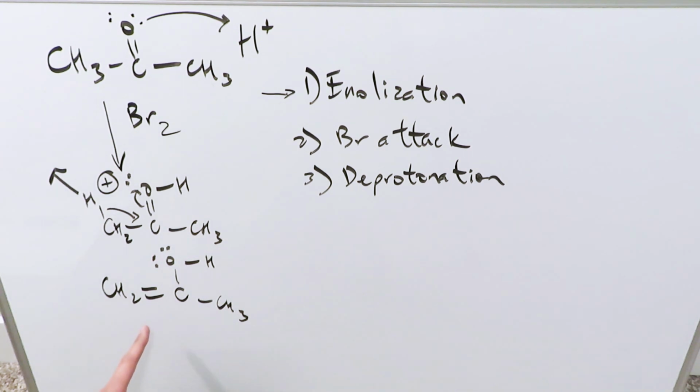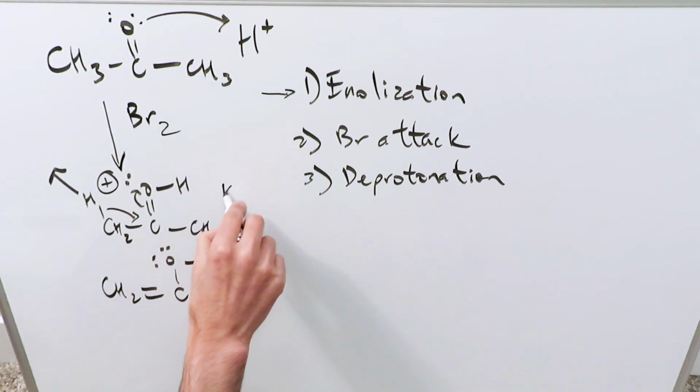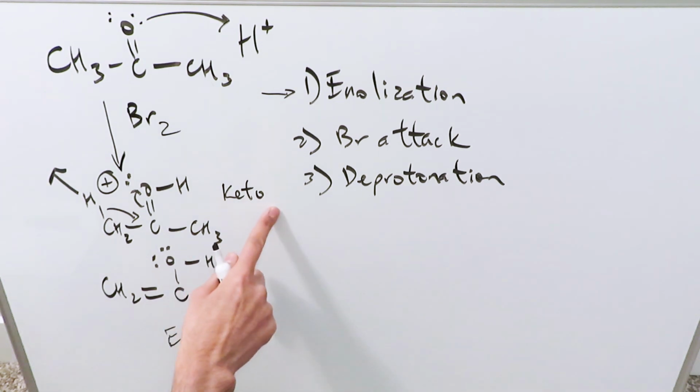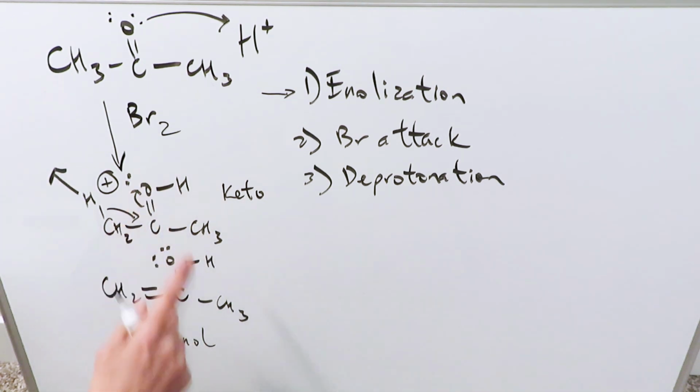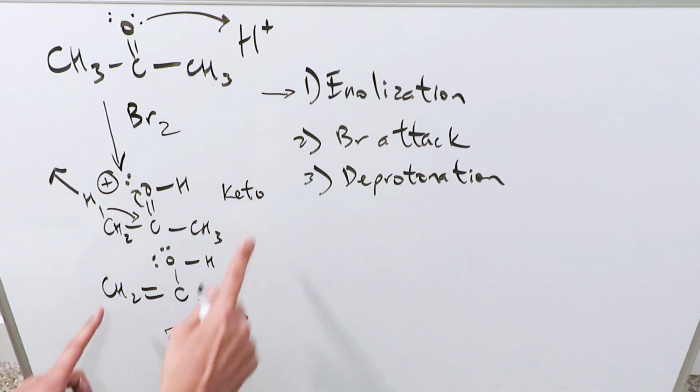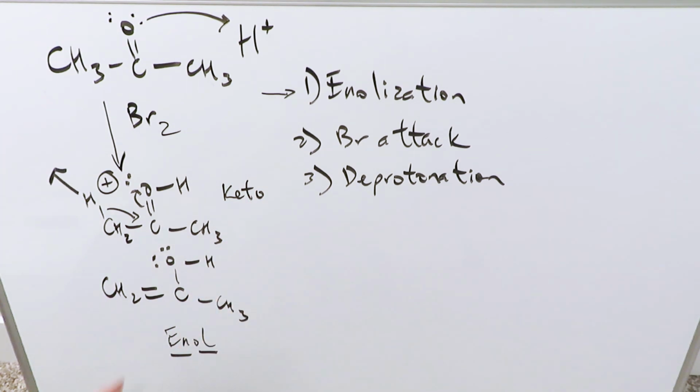What we have over here is an enol. We have here a keto and here we have an enol. Why is it a keto? Why is it an enol? Because here you have a ketone group, you have a carbonyl group. Why is this an enol? Because you have an alcohol and an alkene. Here's your alkene, here's your alcohol. So this right here is called your keto-enol intermediate.